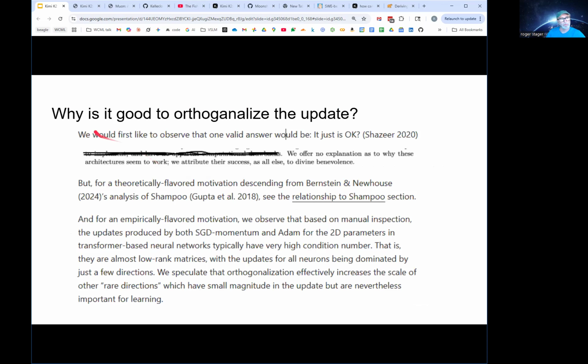Why is it good to orthogonalize? I thought this was actually in the blog post, which I thought was kind of interesting. He says that it just is, okay? Which I thought was very informal and fun. But in his blog, it sounds more anecdotal and observational rather than theoretically derived.